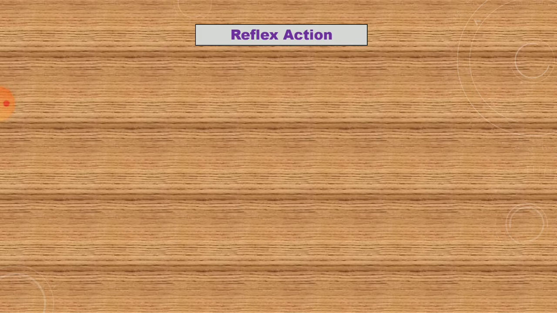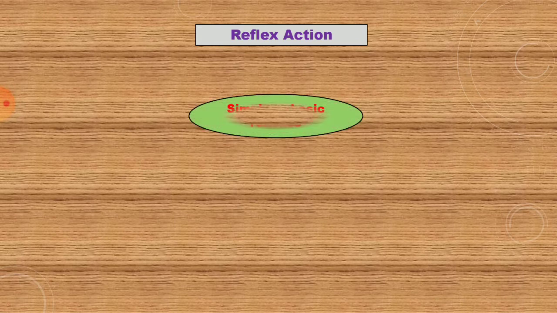Next, reflex action. Any response that occurs automatically without conscious control is called a reflex action. There are two types: simple or basic reflex, and acquired or conditioned reflex.